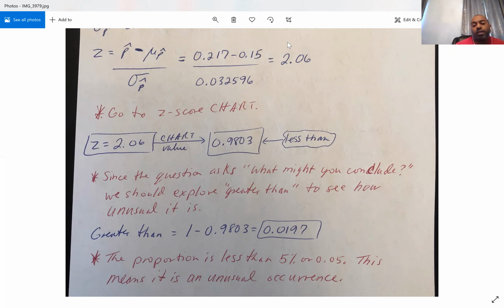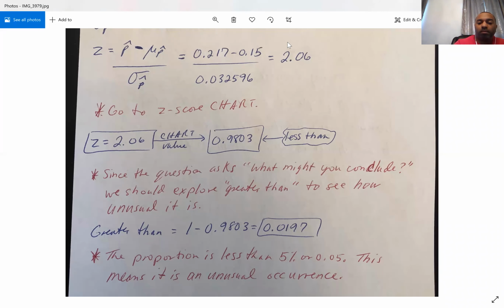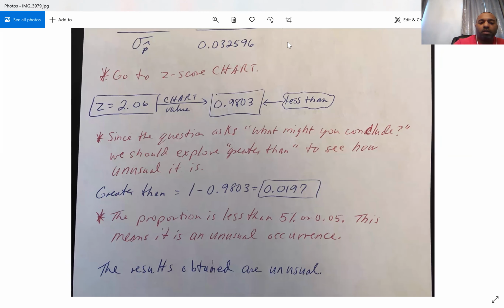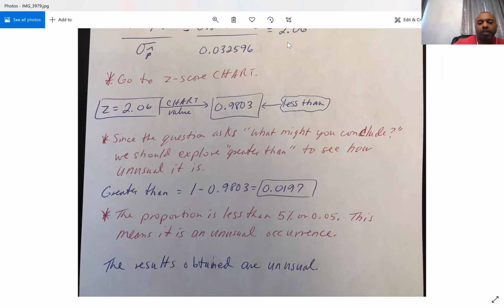So the proportion is less than 5%, or 0.05. And that was our marker that we talked about, determining whether something's unusual or not. And so this means it is an unusual occurrence. And that just means the results obtained are unusual.